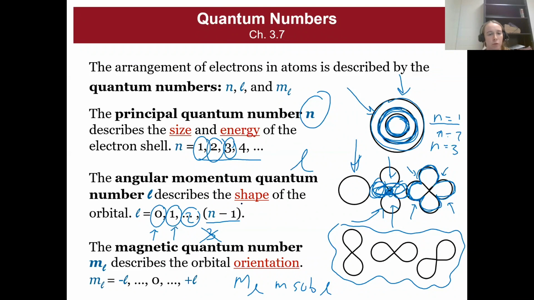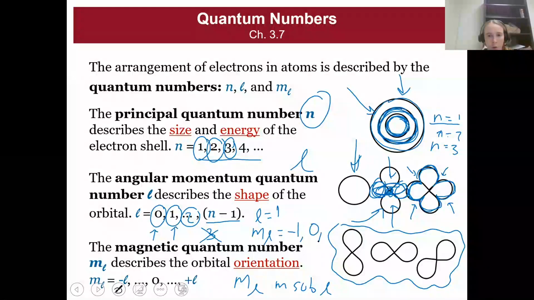There are also rules for the magnetic quantum number. m sub L can be anywhere between positive L and negative L. So if L is 1, m sub L can be -1, 0, or 1. So it has to be between negative L and positive L, and it's still an integer.